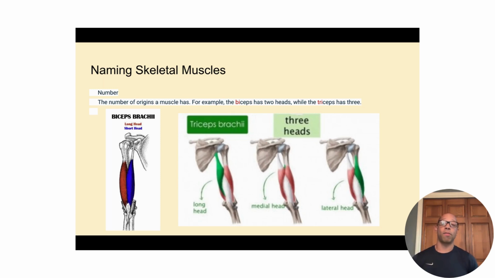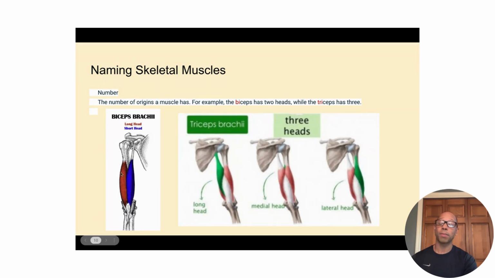Then we have the number of them. We have biceps brachii and triceps brachii, just to bring it back to the biceps. Biceps, bi means two. Triceps, tri means three.